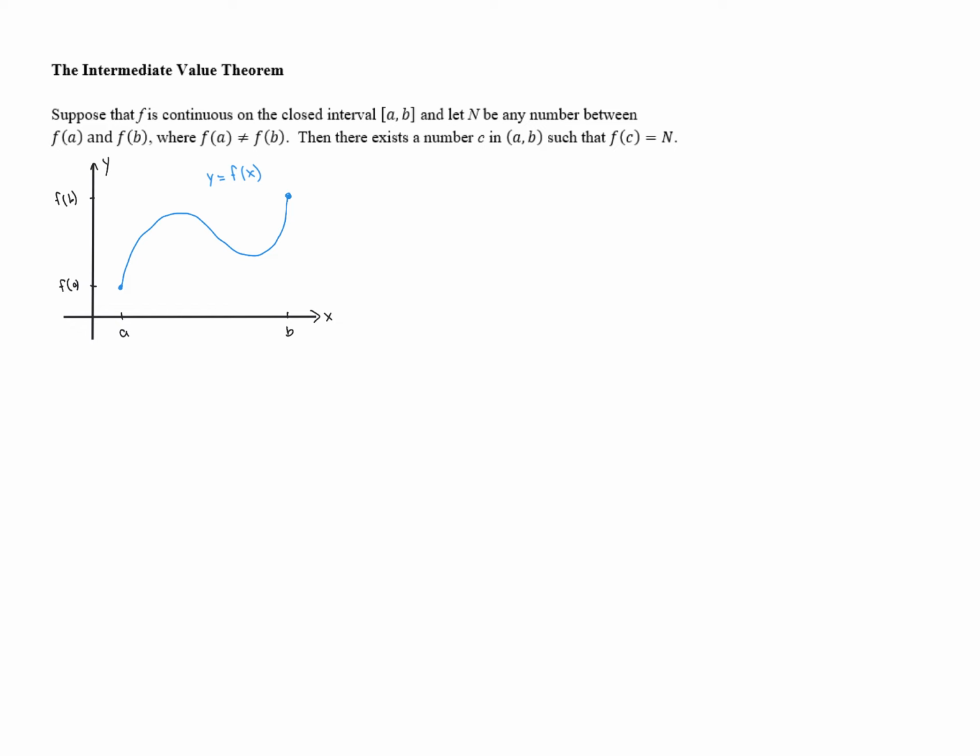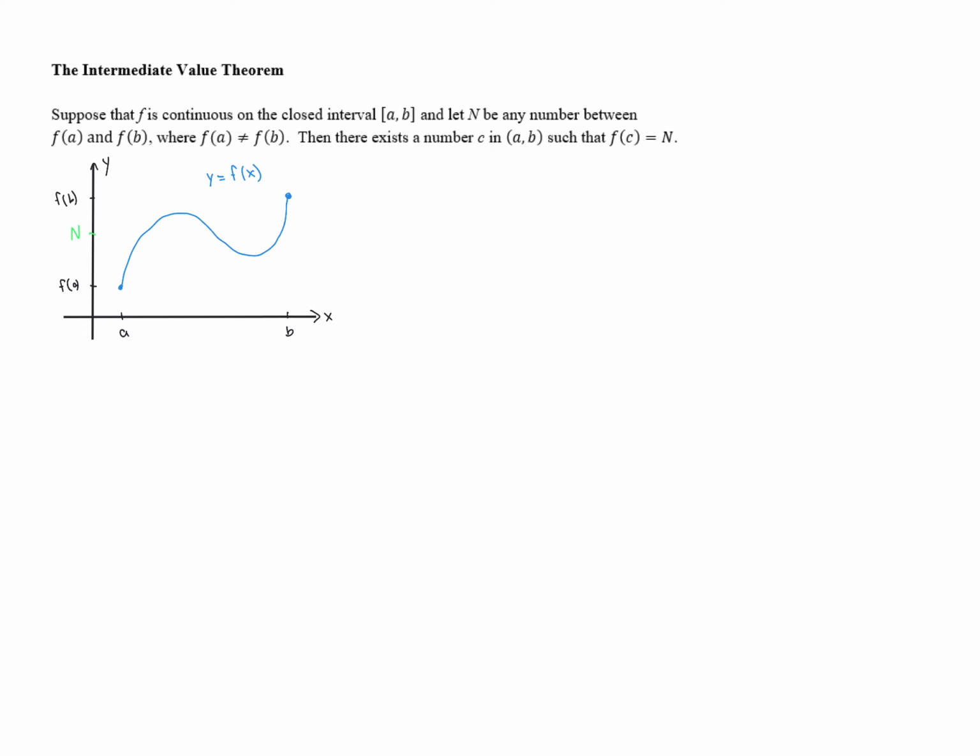And what this says is that if we pick any number, capital N, that's between f of a and f of b, so any y value in between here, for example, we could say that N is this value. For any N between f of a and f of b, there exists a number c somewhere in between a and b, such that the function value at c is equal to N.